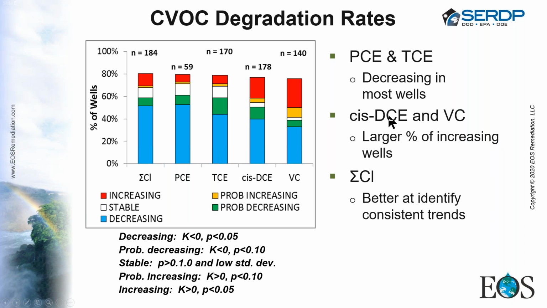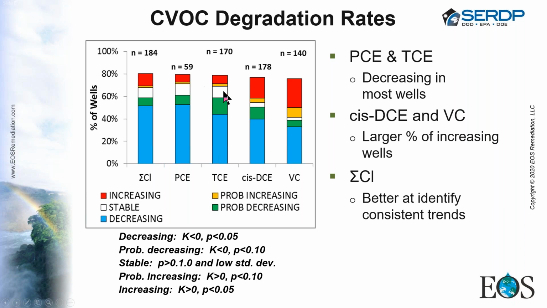Here are the results. We looked at about 184 wells. We could break them down into light blue, where the contaminant is decreasing, white, where it is stable, and red, where it is increasing, and then you've got these intermediates. You can see that at most of the sites, PCE and TCE were going down.